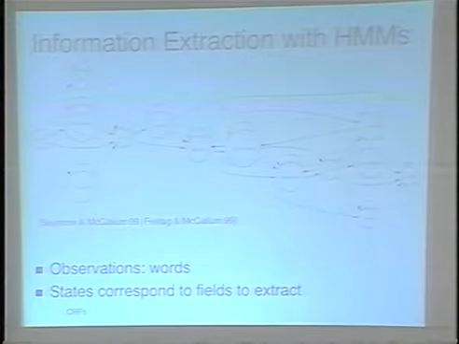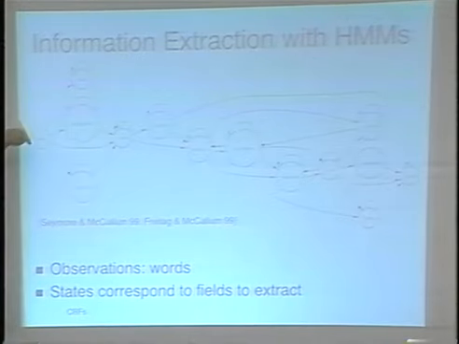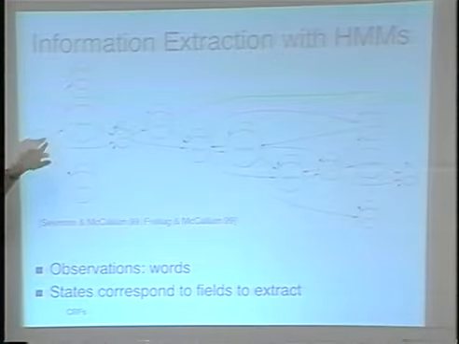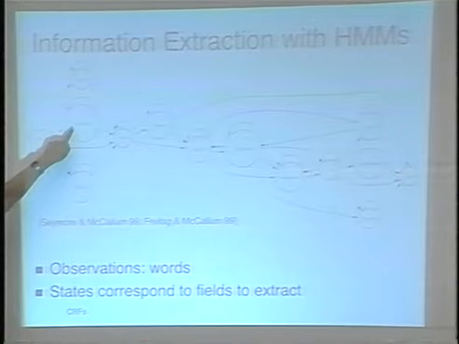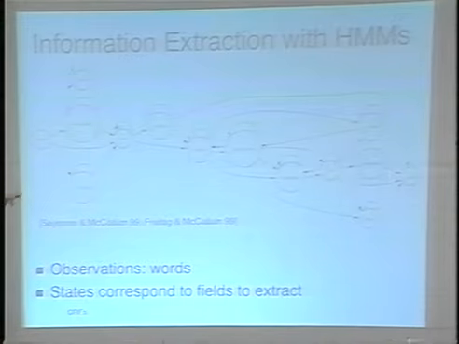Now, let me skip that and I'll get back to it. So, Andrew McCallum in particular did some interesting work on doing information extraction with hidden Markov models. As I explained the idea before, this was for papers, titles, and authors, and things like that. Each state represents some particular type of information that I'm getting.